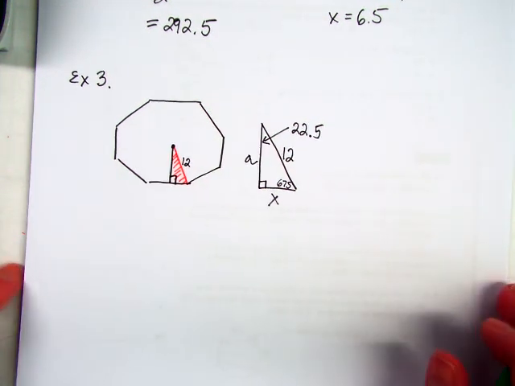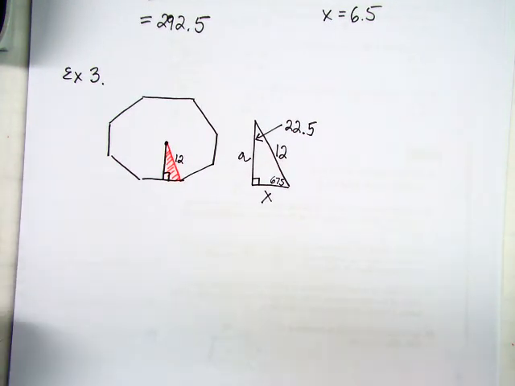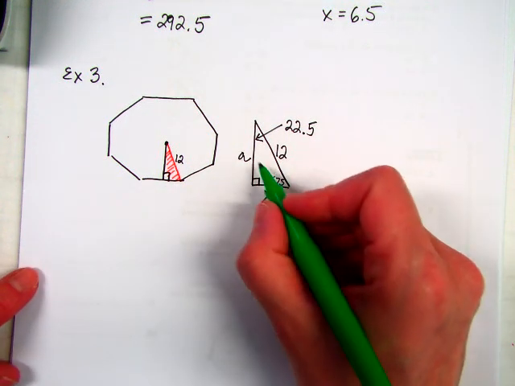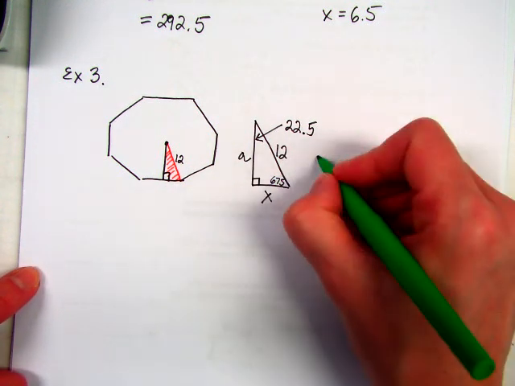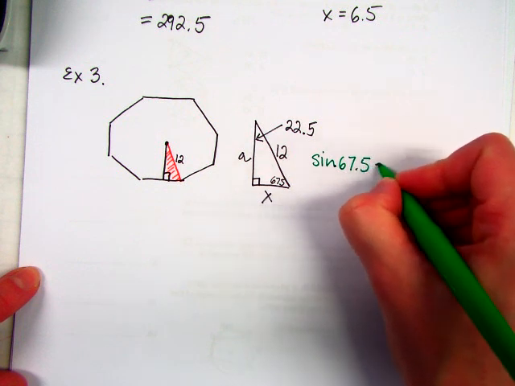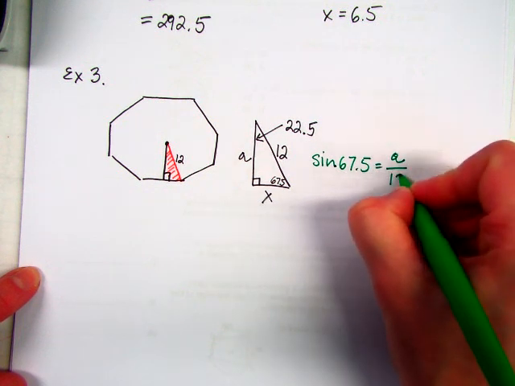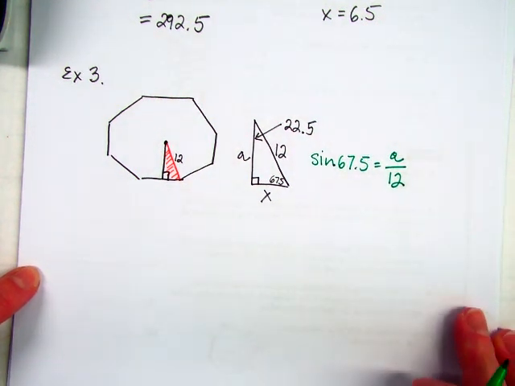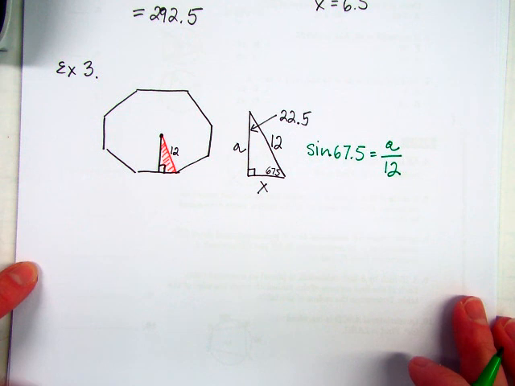Should we use sine? Let's use sine. If I want to use sine, I would do sine of 67.5 equals A over 12. Multiply by 12.